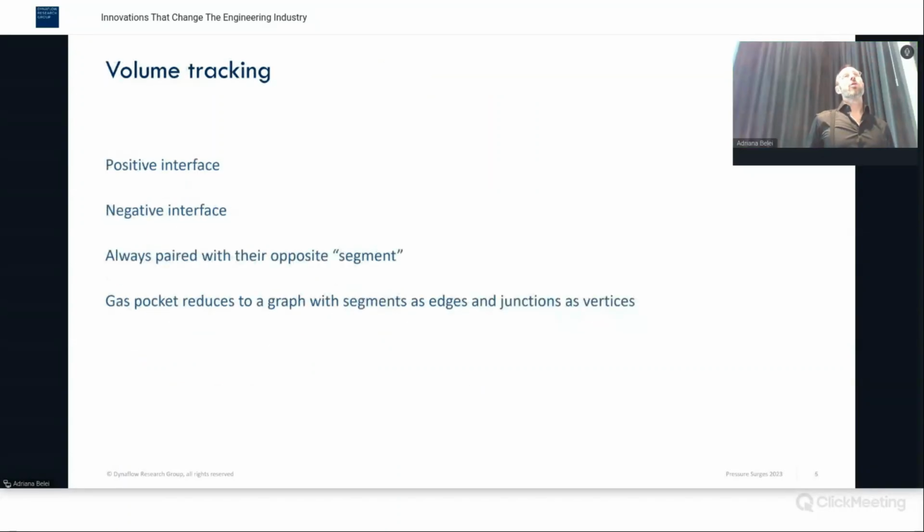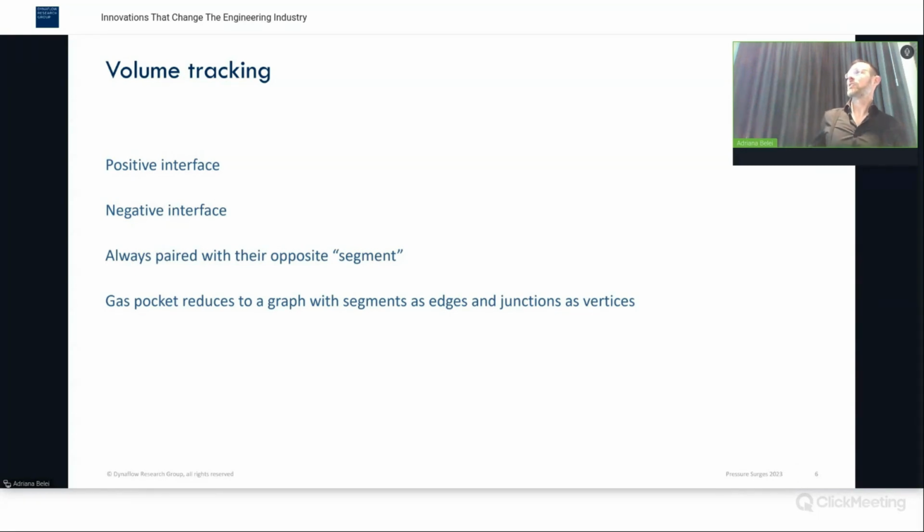Now, each volume consists of one or more of what we call segments, and a segment is just a volume of gas within a pipe section. Each of those segments is delineated by two interfaces, what we call a positive and a negative interface, and we keep track of all that.